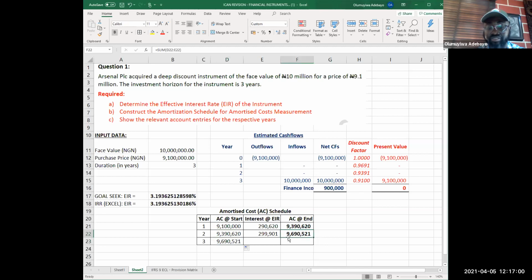I also bring this forward to year 3, and I get my last interest out of this 900, so that I've accrued up to 10 million upon liquidation. And that is what we're talking about.